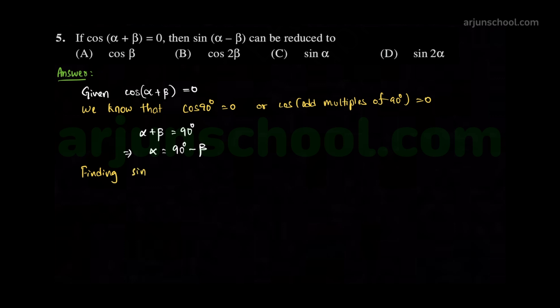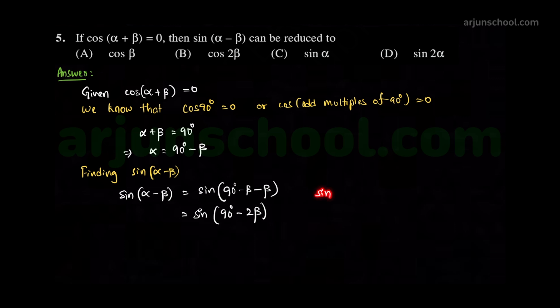We need to find sin of alpha minus beta, and let us substitute alpha is equal to 90 degrees minus beta in this. Sin of alpha minus beta is equal to sin of 90 degrees minus beta minus beta. That is equal to sin of 90 degrees minus 2 times beta.